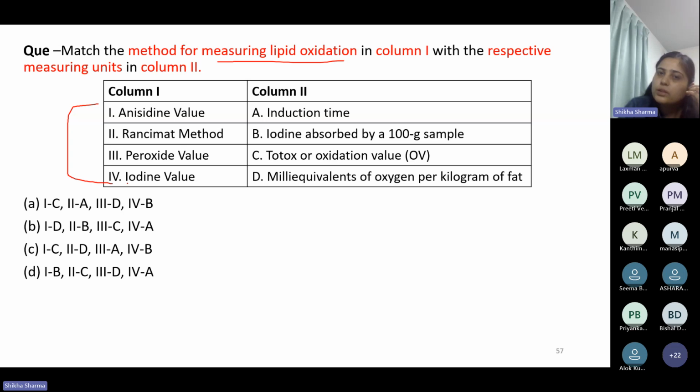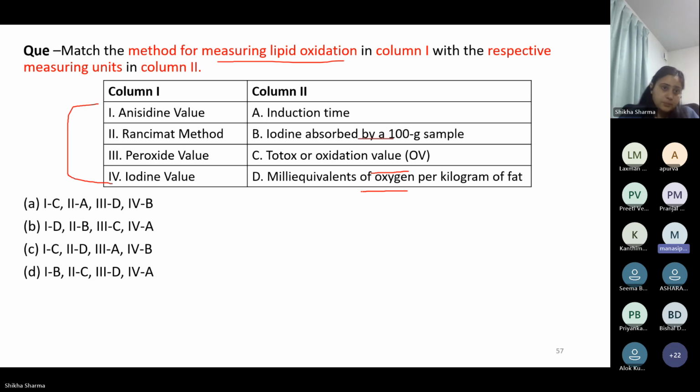And in column B, we have their respective measuring units like induction time, iodine absorbed by 100 grams of sample, Totox or oxidation value, and milliequivalents of oxygen per kilogram of fat. We need to match these, which method is calculated how.